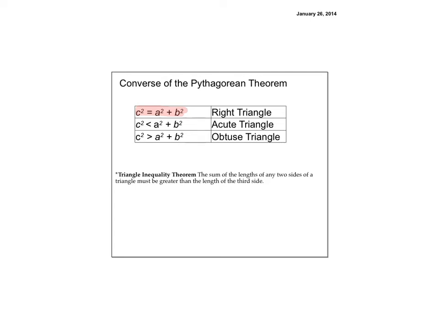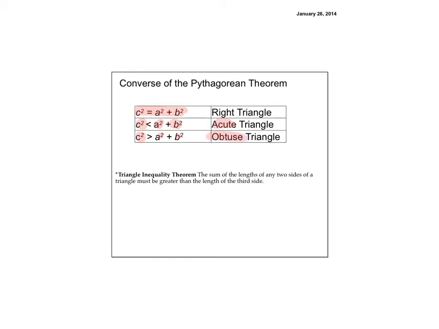Now, when you take the 2 smaller sides, because remember, the hypotenuse is always going to be the biggest side. It's always across from that 90-degree angle, which is the biggest angle in that triangle. So when you take the 2 smaller sides and you square them, add them together, if the biggest side squared is less than that, then we have an acute triangle. If you do the same thing and the biggest side squared is bigger than a squared plus b squared, then we have an obtuse triangle.